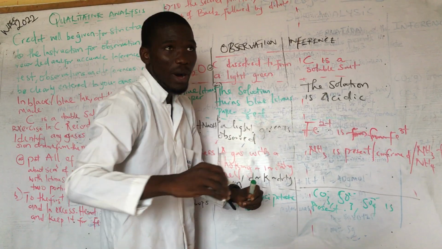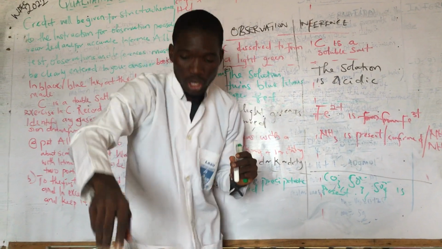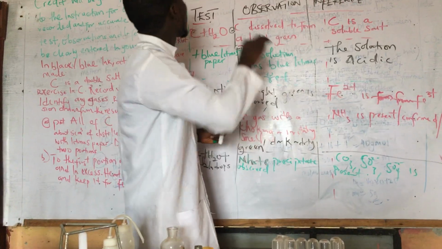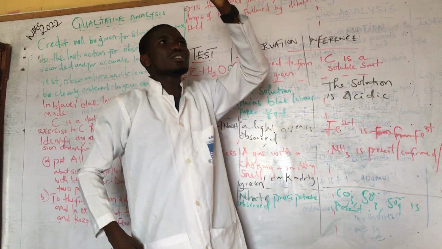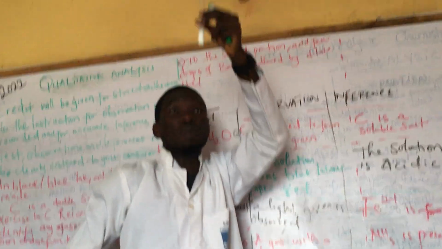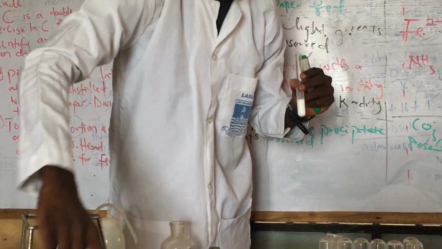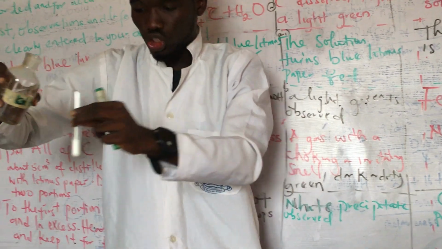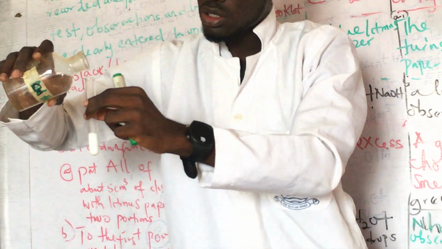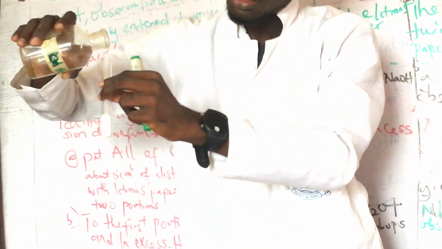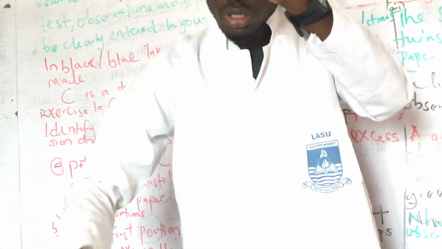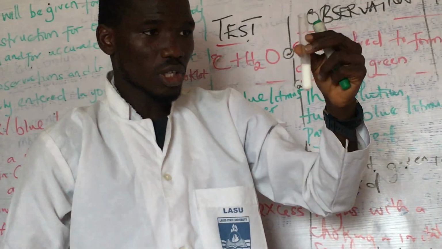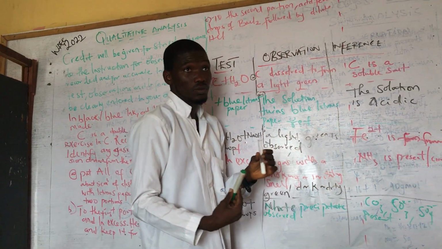So we can pick up our HCl. I said followed by dilute HCl. So class, you can see we have a white precipitate here. Pick up your HCl and pour it in drops. So in drops now, it is undissolved.